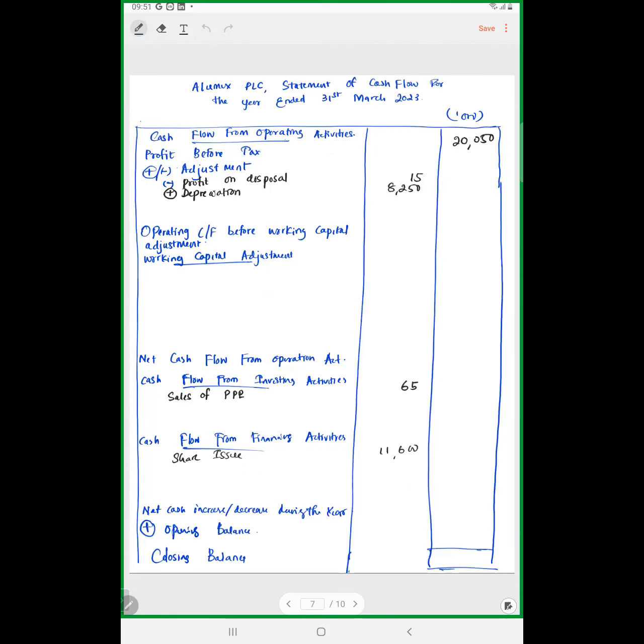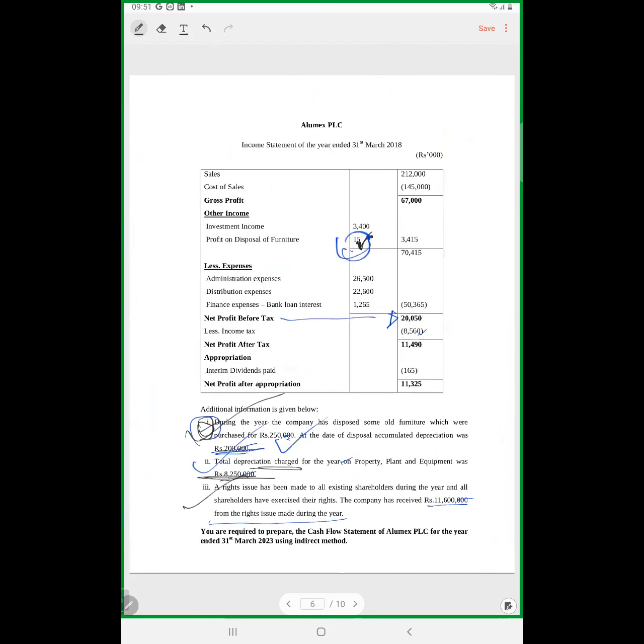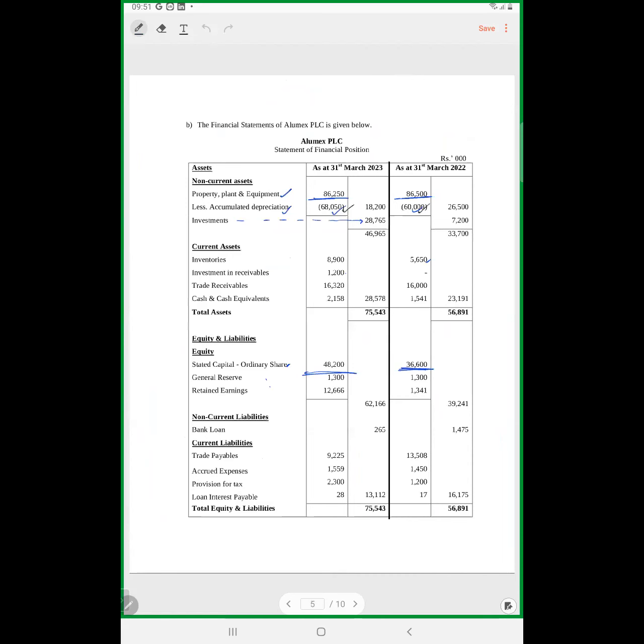Yes. So then we discussed all the adjustments, the additional information. Now we can check one by one. Property, plant and equipment only. Okay. Accumulated depreciation. Okay. So then investment, you can check it. Opening balance was 7,200. Ending balance was 28,765.